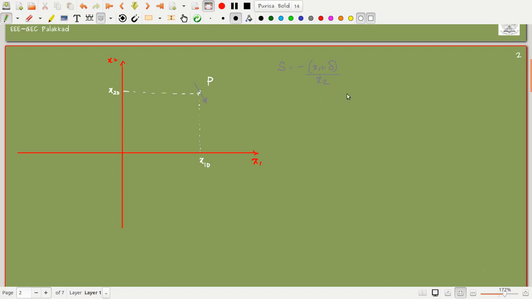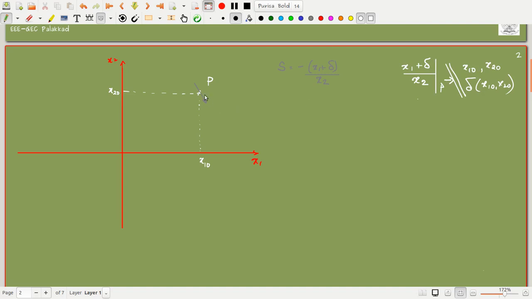So let us consider this expression, x1 plus delta, and x2. At this point, what would be the values of x1 and x2? It would be x10 and x20, and delta would be a function of x10 and x20, right, at this point. So I can calculate these values at the point P, and I will get the corresponding values of x1 plus delta and x2.